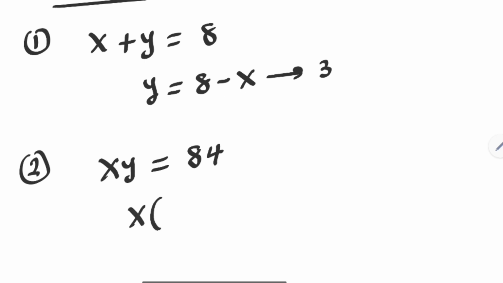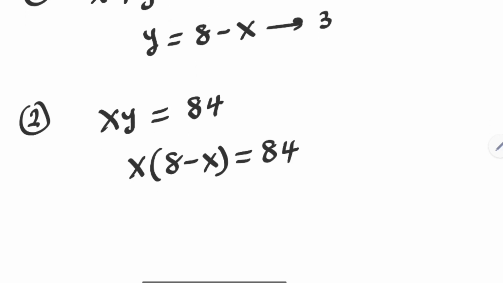x into 8 minus x is equal to 84. Let us open the bracket with this x. x multiplied by 8, that is 8x, minus x multiplied by x, x squared, is equal to 84.